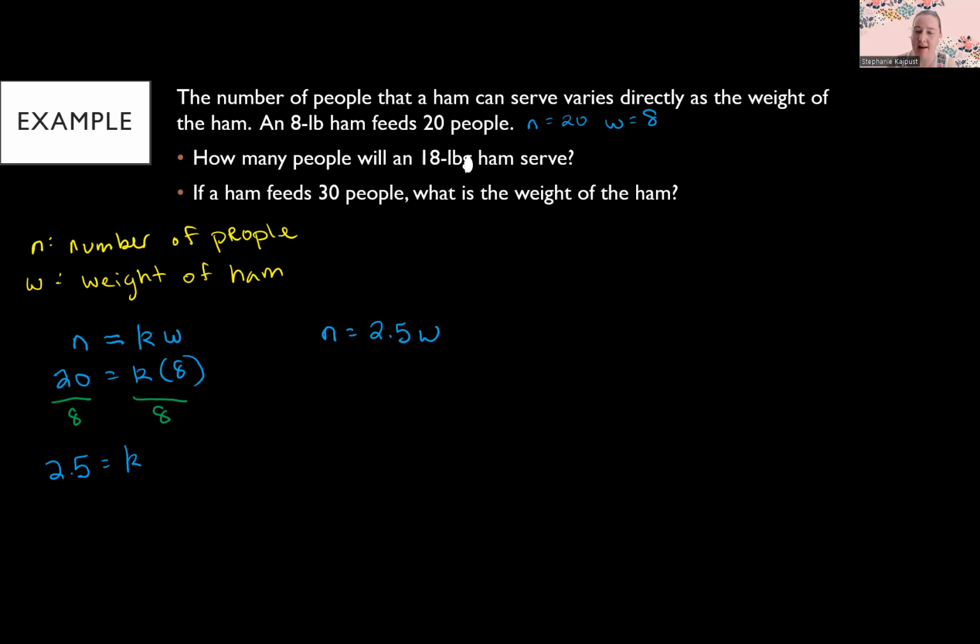Once you've done that, now you can actually answer the questions that they give you. So the first question is, how many people will an 18-pound ham serve? So our weight is equal to 18, and we're looking for what n is. So I'm going to use my formula. N is equal to 2.5 times 18.